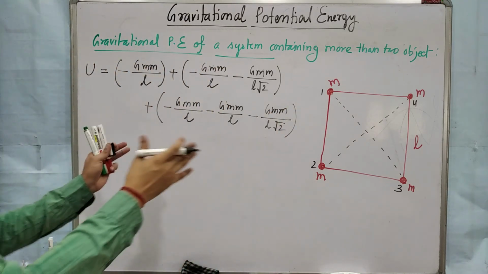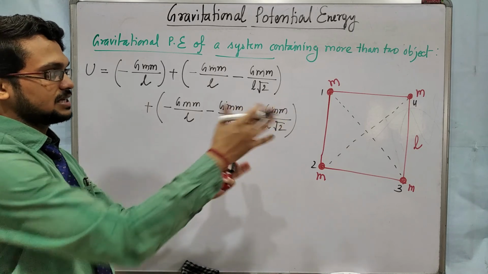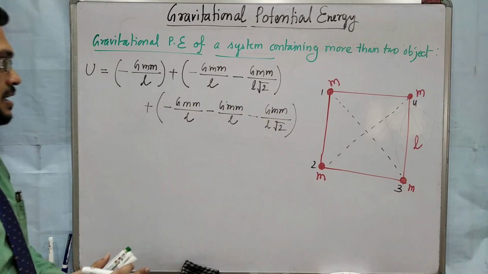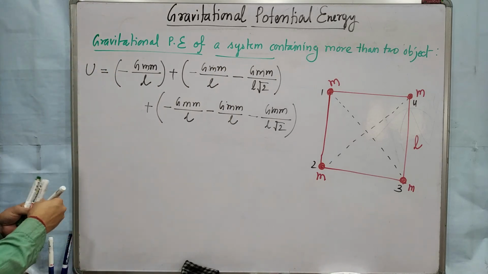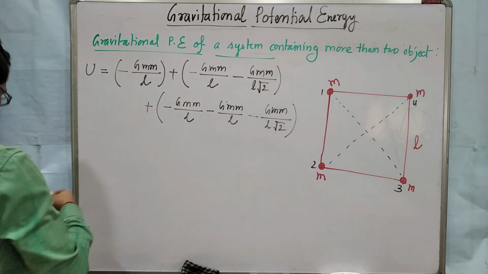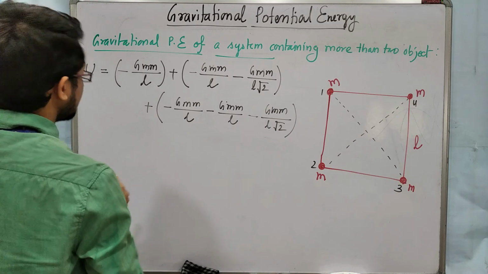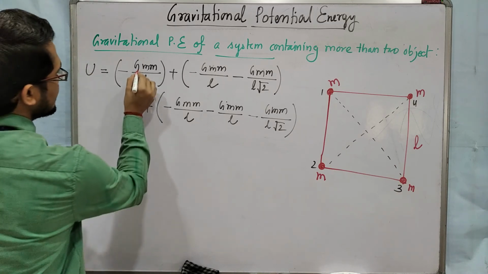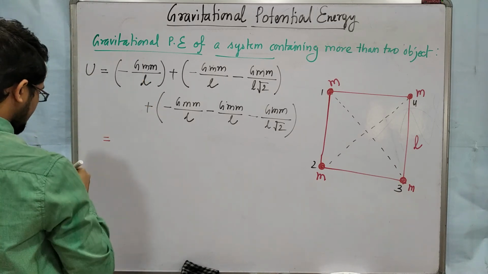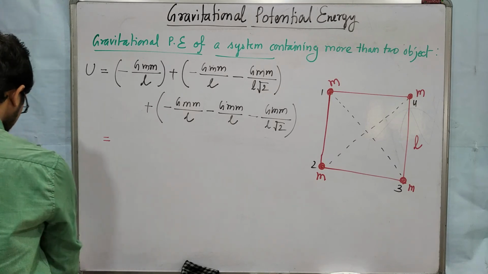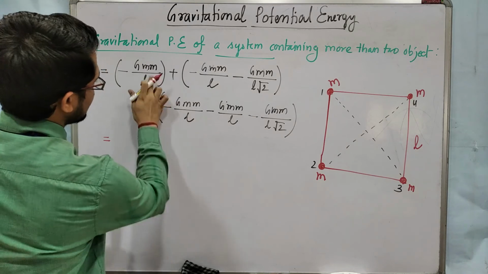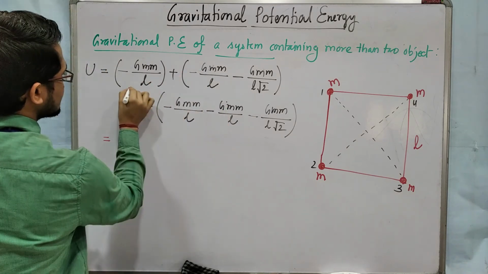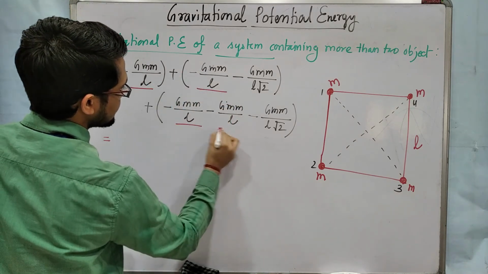Here we are not getting 4 combinations for 4 objects. Don't think like that. You have to find the combinations. Then add them. Look at here how many combinations you are getting. Minus G m m by L: 1, 2, 3, 4.